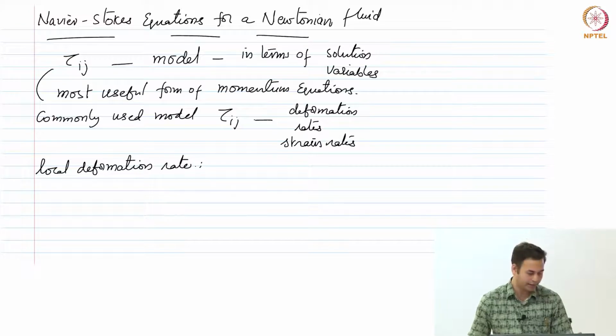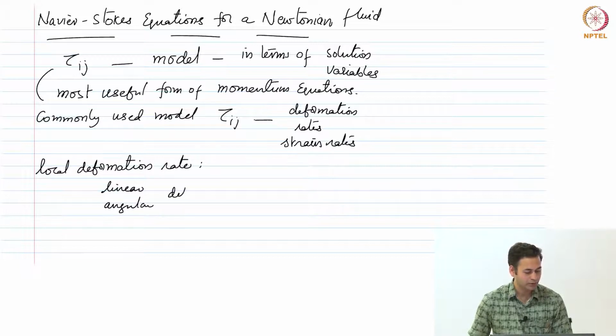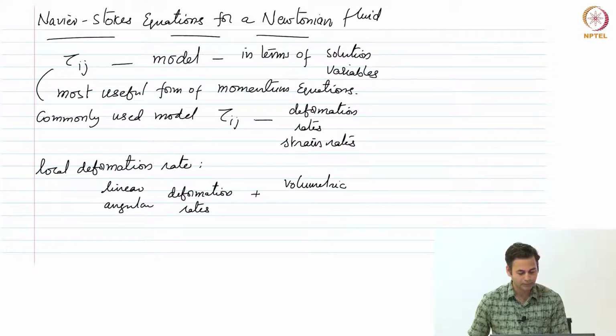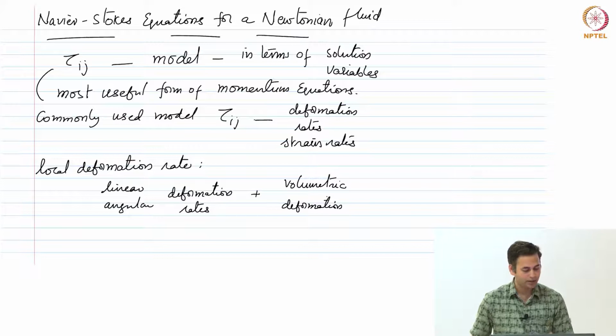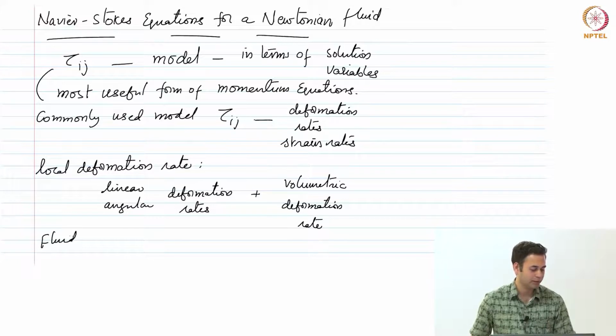So, the strain rate contains the linear or the angular deformation rates as well as the volumetric deformation rate, okay.